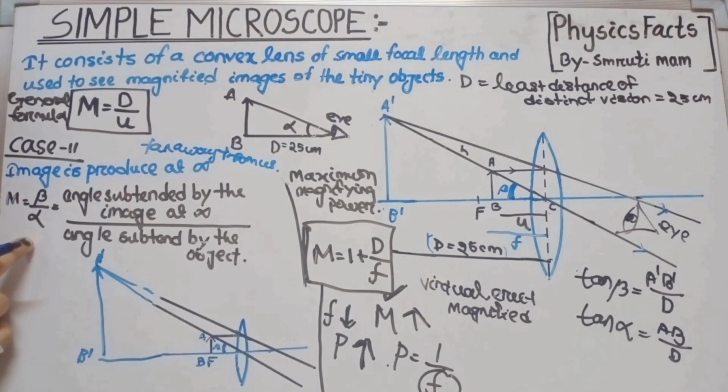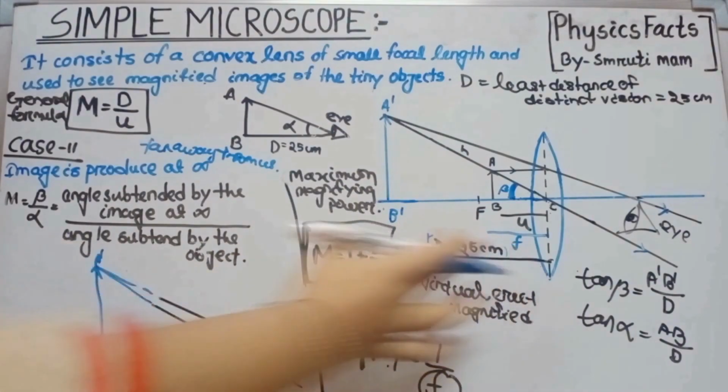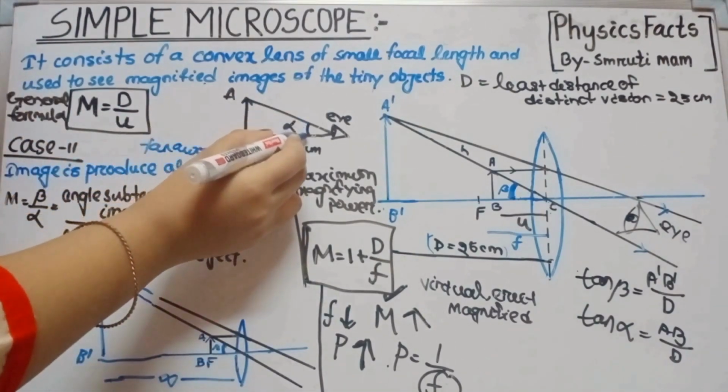Okay, image is produced at infinity, that means image is far away from us. Earlier image was at least distance of distinct vision, but here image is far away, infinity distance from us. So M equals to beta by alpha.